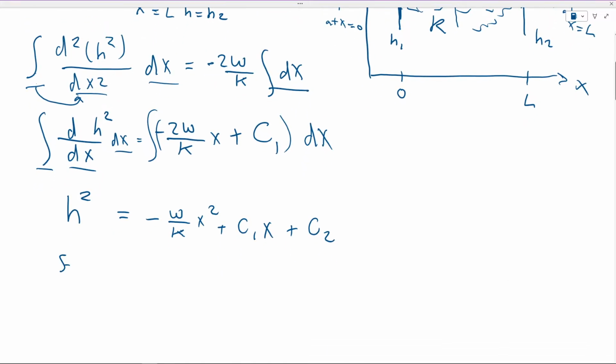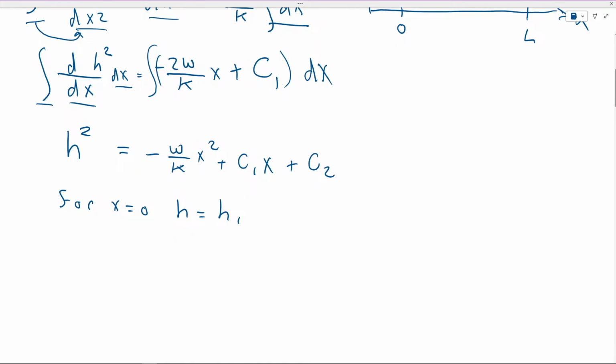So here we can say for x equal to 0, h is equal to h1. So can we do this? Yeah, you can do this. So here I have h1 squared, that would be 0, that would be 0, that would be c2. So c2 is equal to h1 squared.